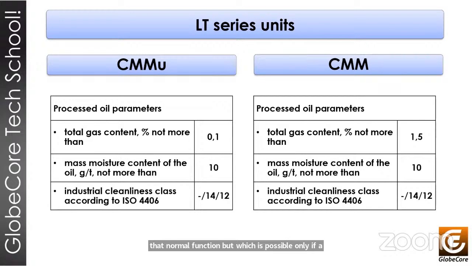After oil flows through the unit, the moisture content drops to the required minimal level. In case of high residual moisture content, it is necessary to carry out several passes, which reduces the productivity of the unit.